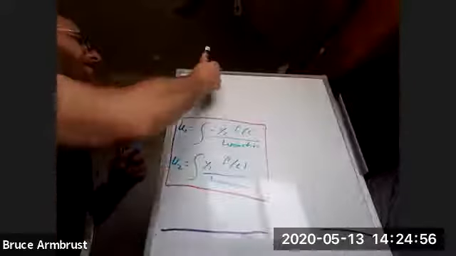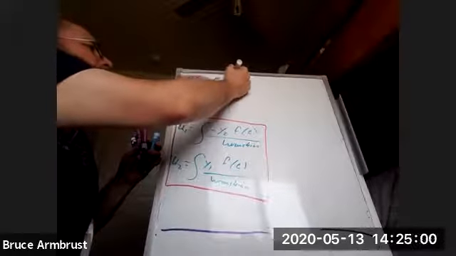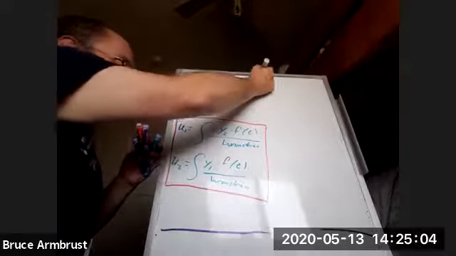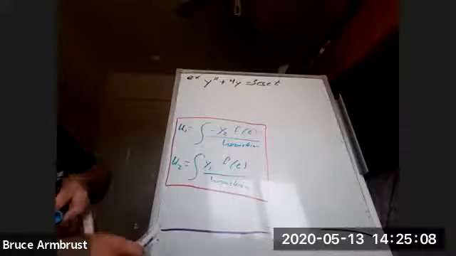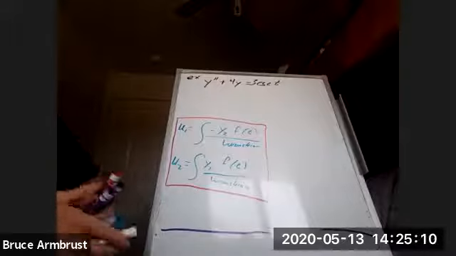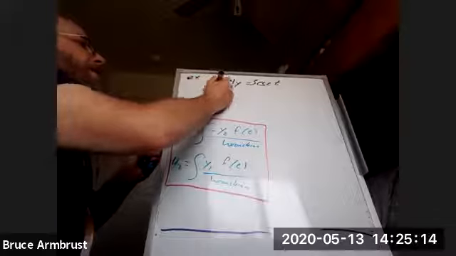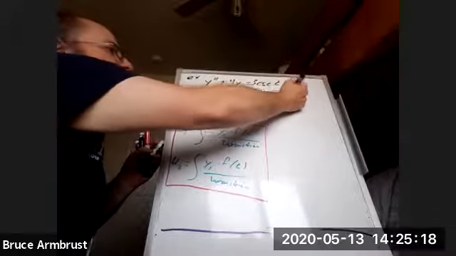If I recall correctly, it was y double prime plus 4y equals 3 cosecant of t. And we already did the work to find that y1 was cosine of 2t and y2 was sine of 2t.